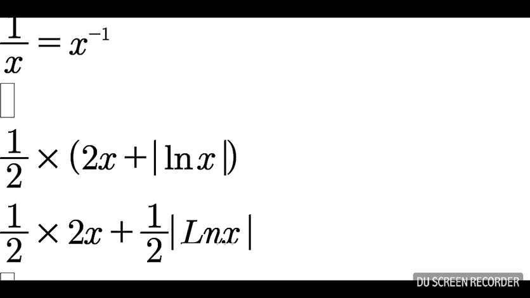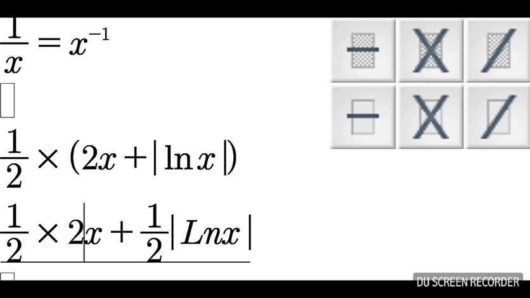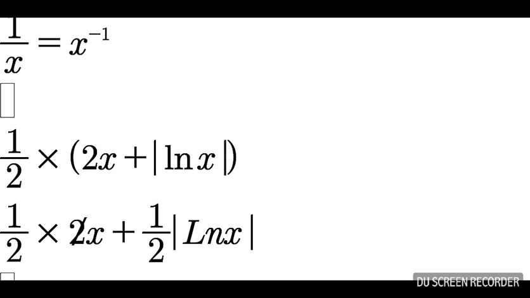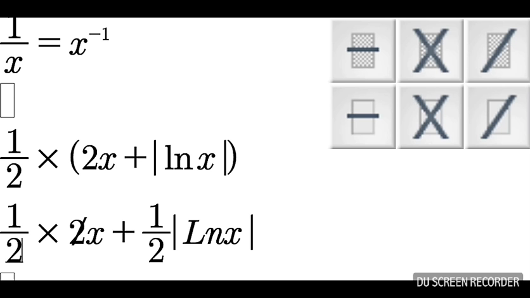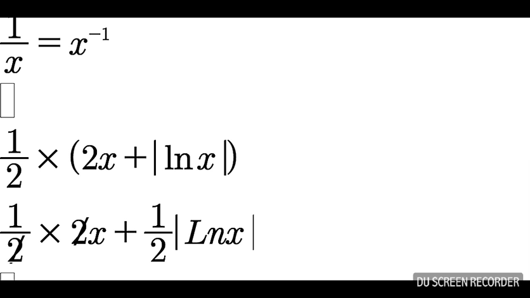At this juncture we know that the 2 cancels out, so the 2 strikes off. So that is it, and we're left with x times 1.